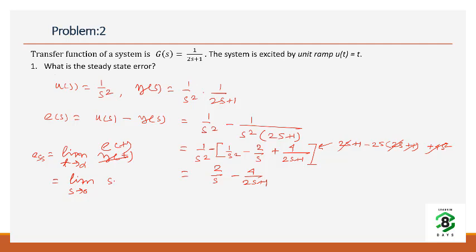So this is nothing but S tends to 0, S into Es, which is S tends to 0, S into 2 by S minus 4 by 2S plus 1 is equal to 2 minus 0. So this is the steady state error. And you can see we have not used the inverse Laplace transform. We have not derived the time domain response at all.